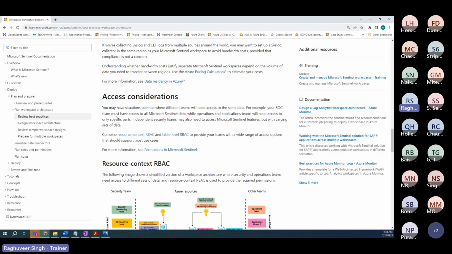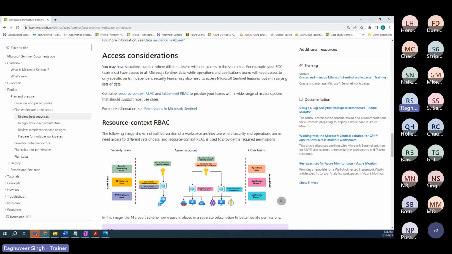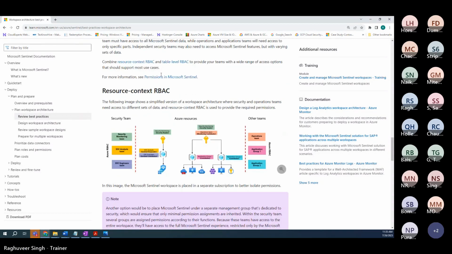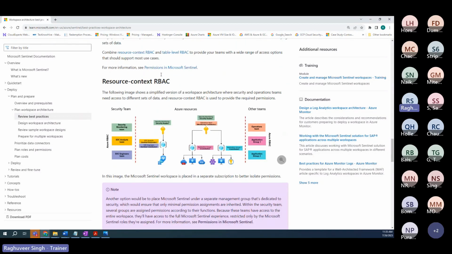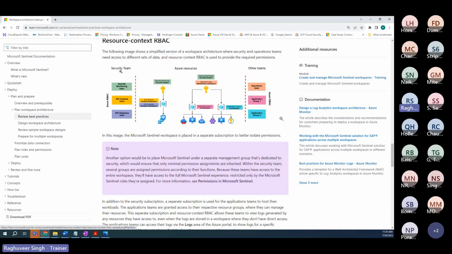Okay. Then access considerations, which is very important. As I said, use least restrictive access policy, and wherever there is overlapping information that multiple people need access to, try and grant table level RBAC. So this is where it shows the access: this is your security team, this is the other team, and this is where your Azure resources are.